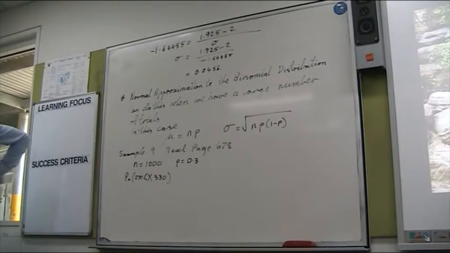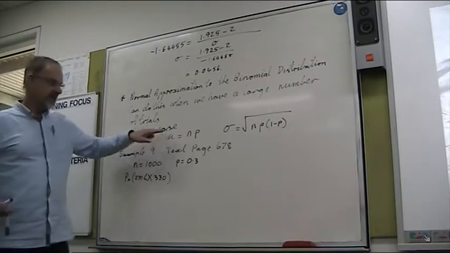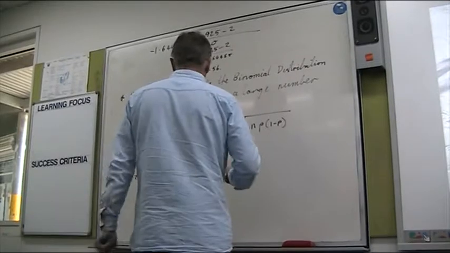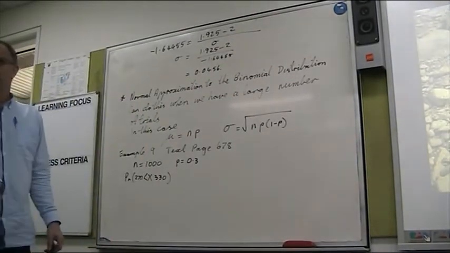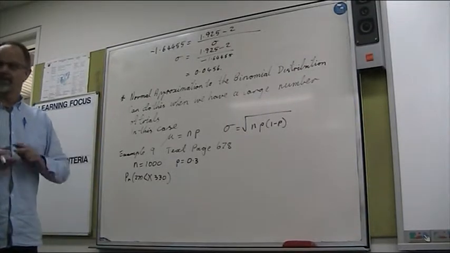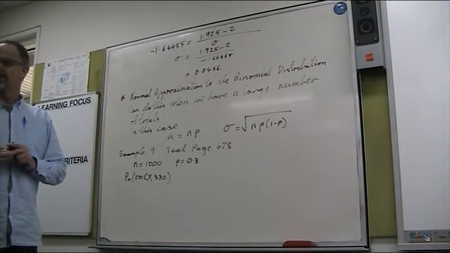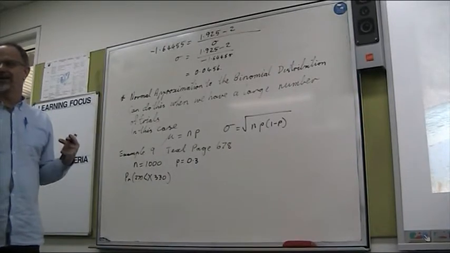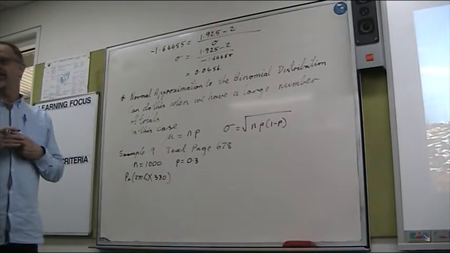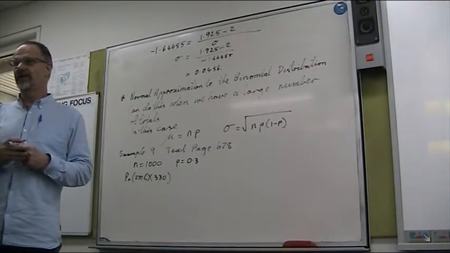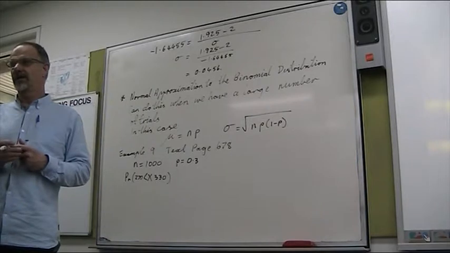All right, what do we need to know? We need to know the mean and the standard deviation. So for the mean, what is p? The probability of success. In this case, we're interested in people who are in favour of the freeway. When it says 30% are in favour, does that mean only 30% are in favour, or just a proportion?